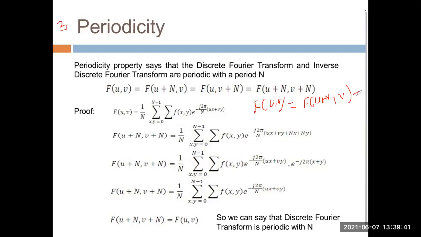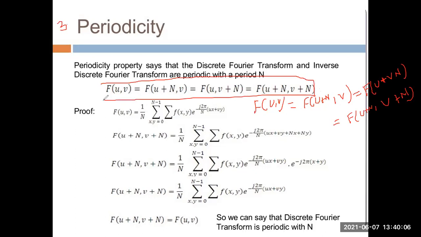Similarly, this will be equivalent to any periodic signal that is added to the v coordinate. This is also equivalent to any periodic signal added to both the coordinates. Now this property says that the Fourier transformation is periodic in nature with respect to a time period n.